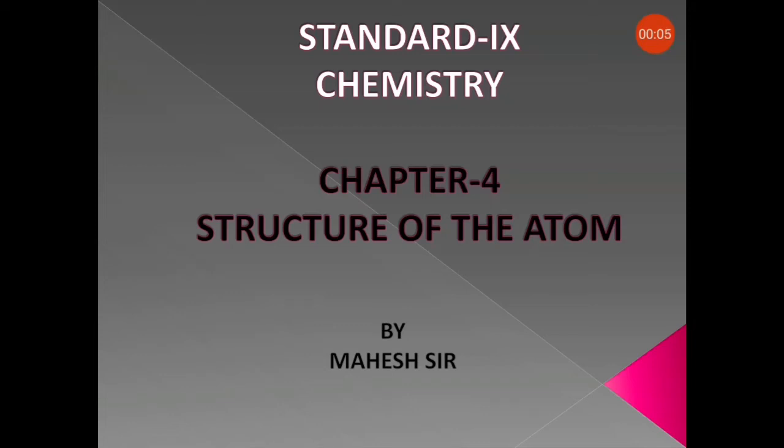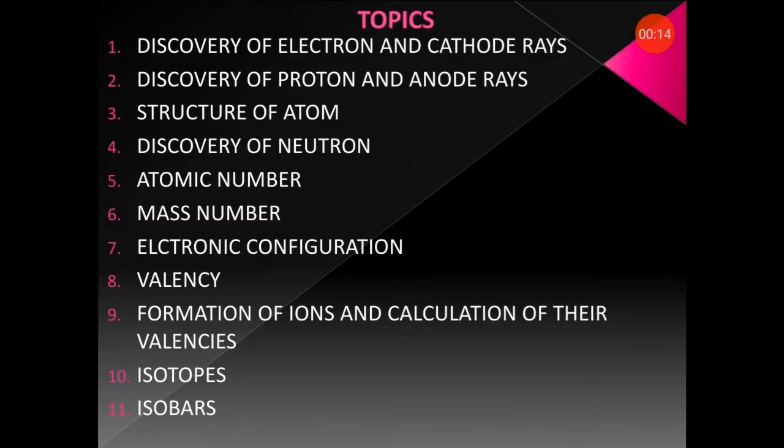So we are in chemistry portion. In that we have already begun our chapter 4, structure of the atom. In our previous video presentation, we had a discussion about the discovery of electron and cathode rays by Sir J.J. Thomson and the discharge tube model, and the discovery of proton and the anode rays by Goldstein's experiment of Crookes tube.